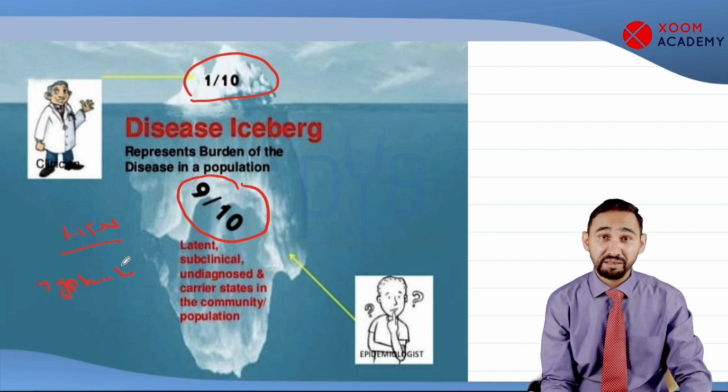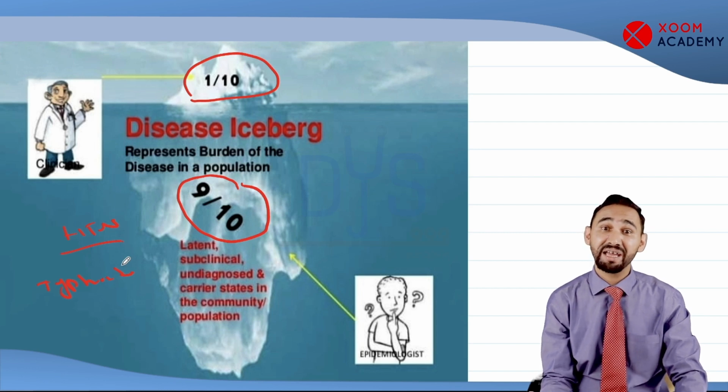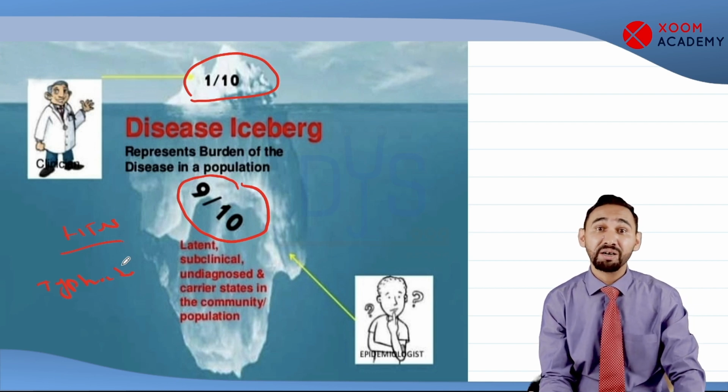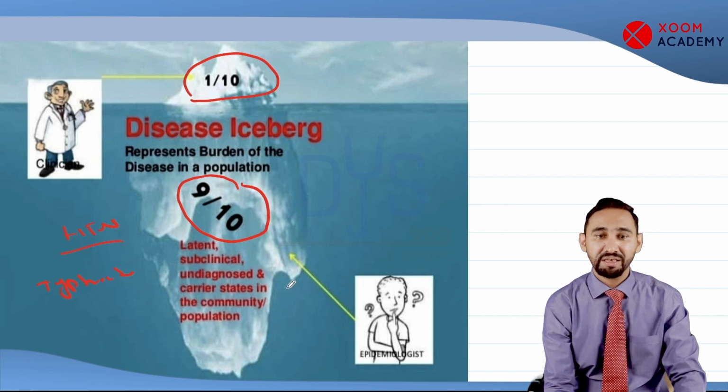Reservoir is human being, but the disease spreads through carriers rather than cases. So carriers spread the disease and increase the burden of disease in the community. And in return, there is a burden on the health system. Mortality increases, morbidity increases. So an epidemiologist investigates these through screening.